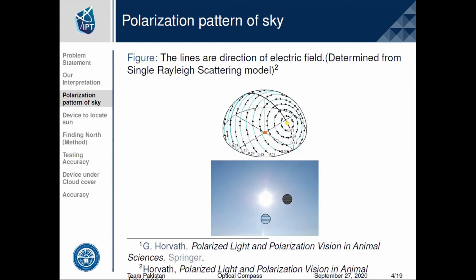In Rayleigh scattering, the particles oscillate, and when the light hits those particles, the light is going to change its polarization, or not really change it, but only one type of polarization is going to be carried out in this collision.